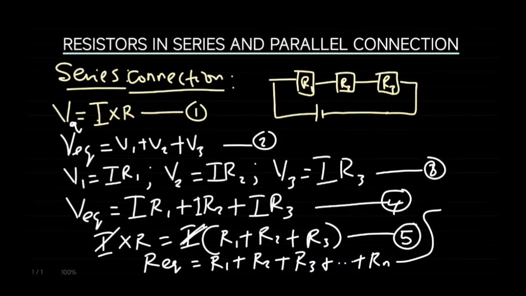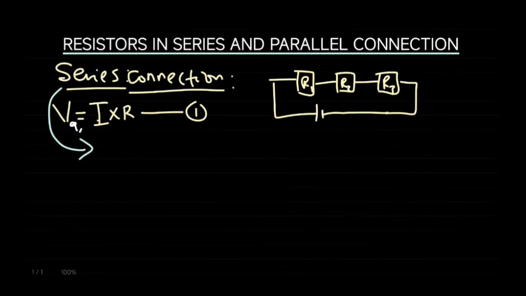This equation is called resistors in series connection. So we have gotten the equation in series connection. I'm going to be writing it bold so that you see. And this is how we derive the equation in series connection.